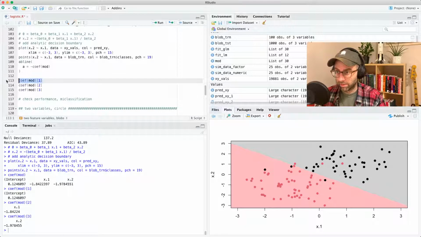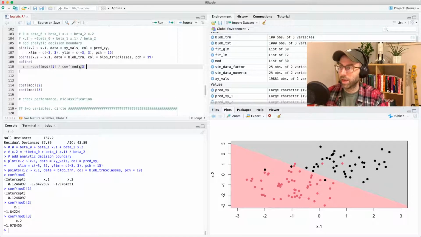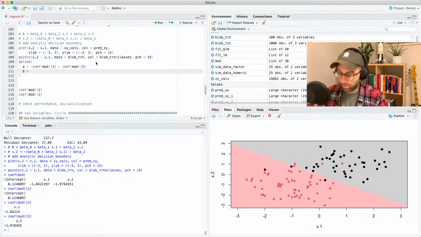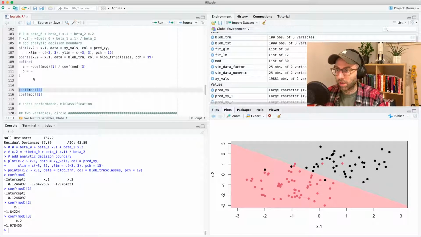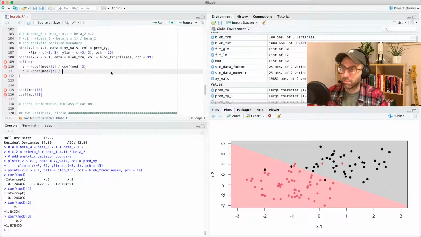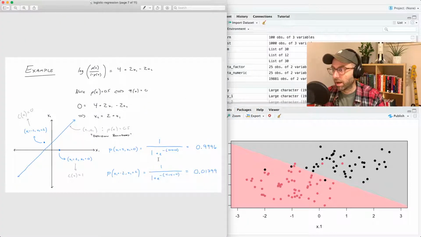So I believe if we do minus the intercept divided by beta 2 hat, and then for the slope, it would be minus this coefficient divided by this coefficient. I need a comma here. And again, that's just the math that I did previously.